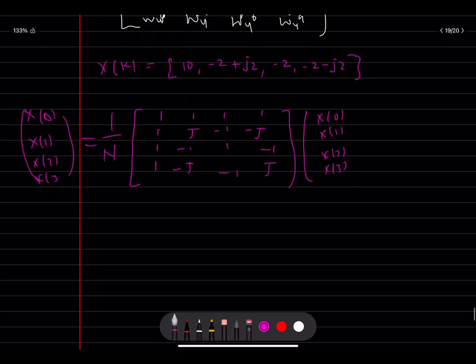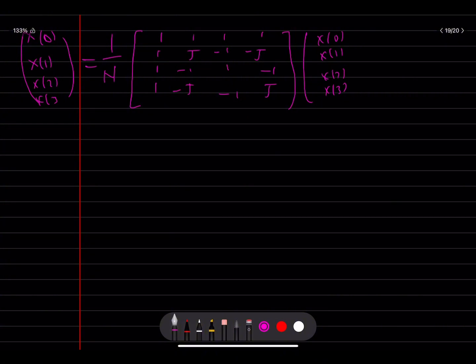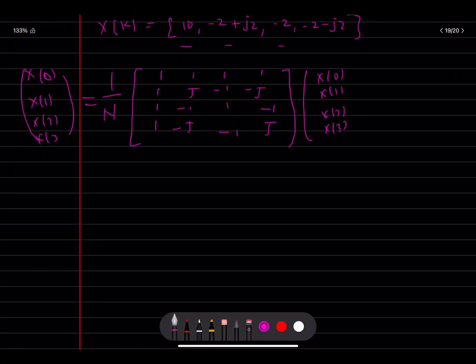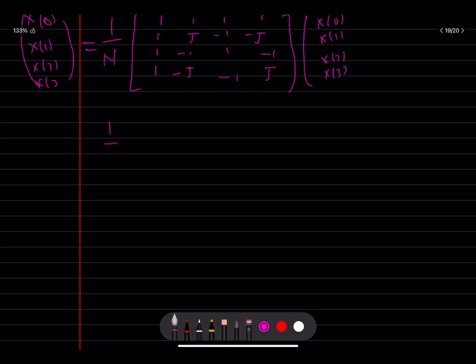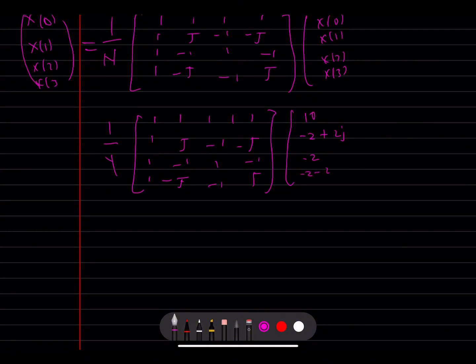Now that we have these values, since it's a 4-point DFT, we are going to get 1 over 4 multiplied by this Twiddle factor matrix, including j, negative 1, and 1. And then I multiply by the other one, which is 10, negative 2 plus 2j, negative 2, and negative 2 minus 2j.